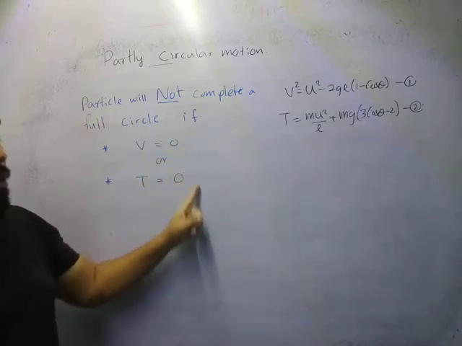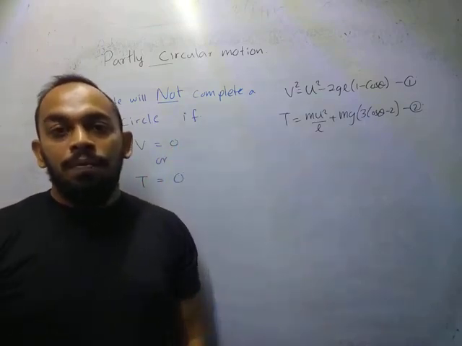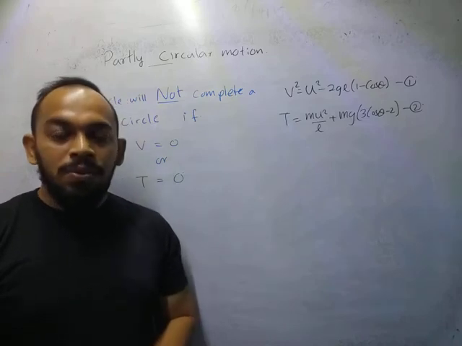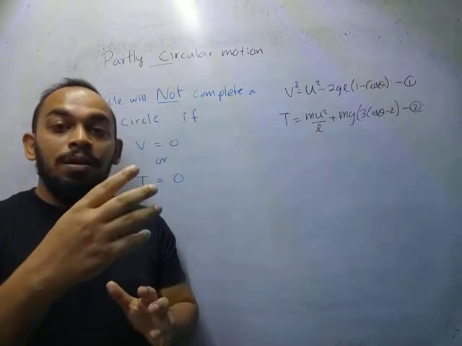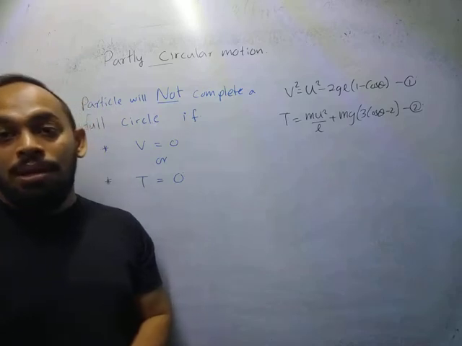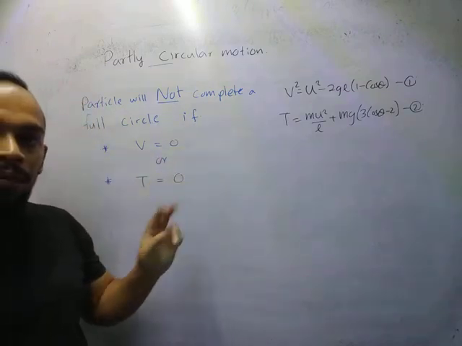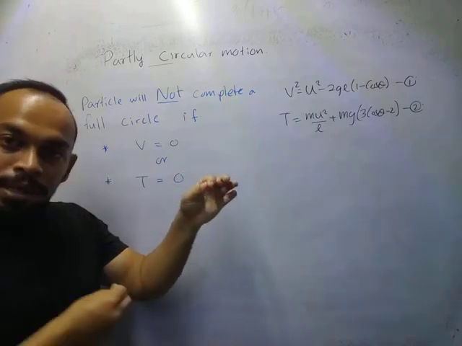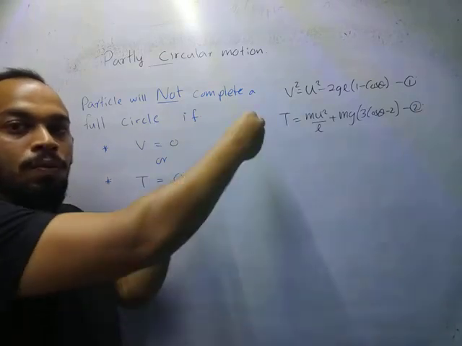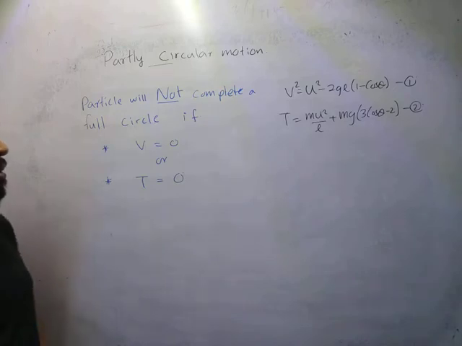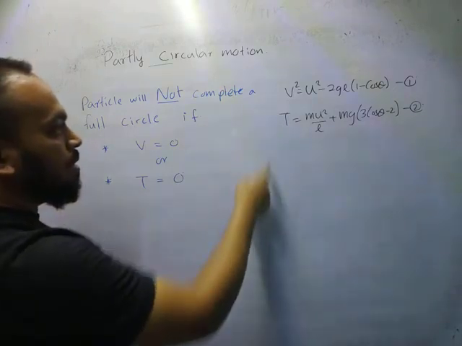So if either of these two happens, the particle will not complete a full circle, or sometimes it will take on another path like projectile motion. You can have two things: either it will oscillate, or it will move and take on a projectile motion. Let's find it out.